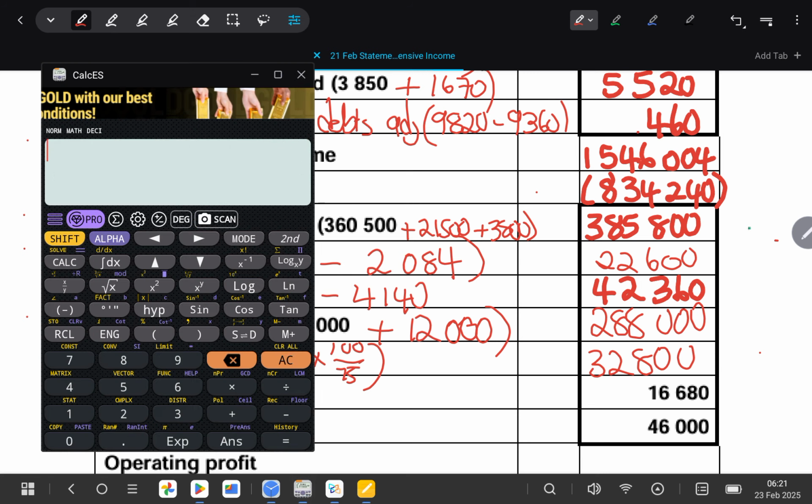Okay, so let's verify again. 385,800 plus 22,600, and then plus 42,360, and then plus 288,000, and then plus 32,800, and then plus 16,680, and then plus 46,000. Yeah, so it's 834,240.